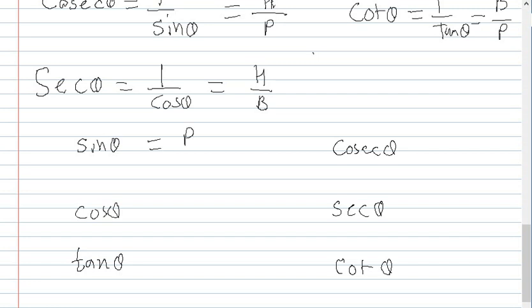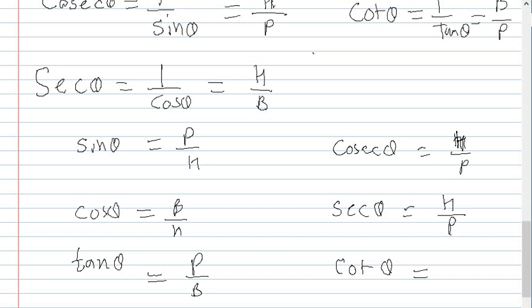Sine is p by h, cos is b upon h, tan is p by b. Cosec is h upon p, sec is h upon b, and cot is b upon p.